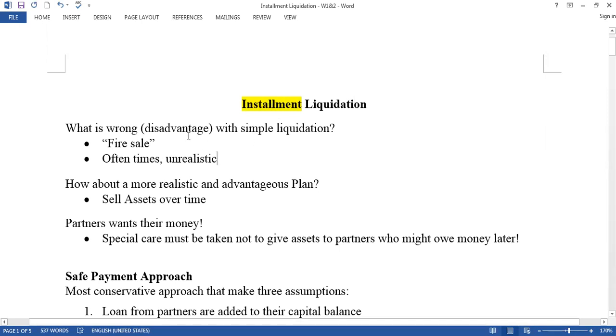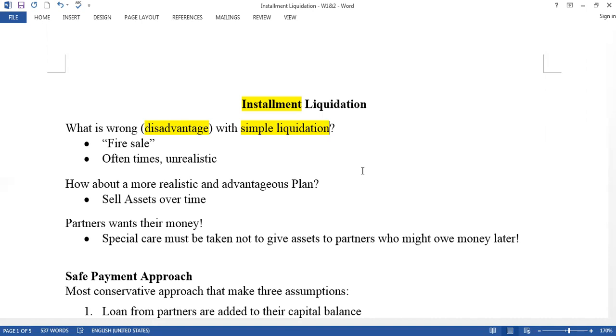Now there are some disadvantages to the simple liquidation method. As there are some disadvantages with the simple liquidation method, we are going to introduce a new method called the installment method.